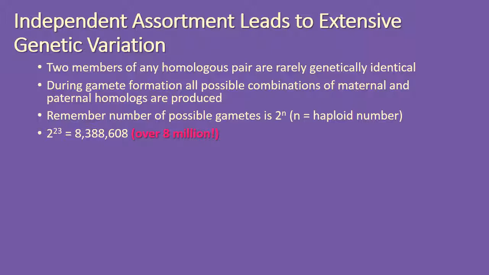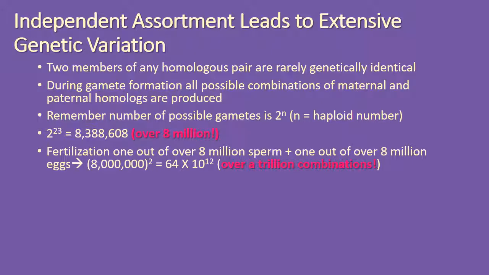That's not even talking about crossing over and all that. And then fertilization. So if you take dad's 8 million different combinations and combine it with mom's 8 million different combinations, you get over 1 trillion combinations that can occur.